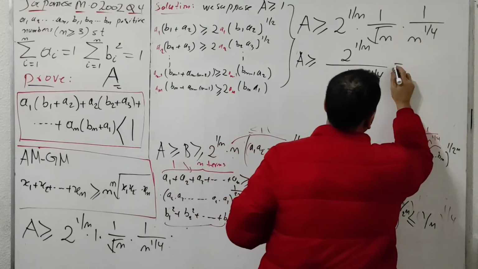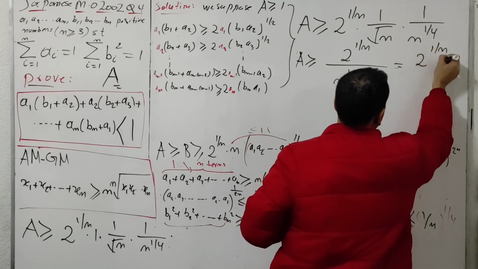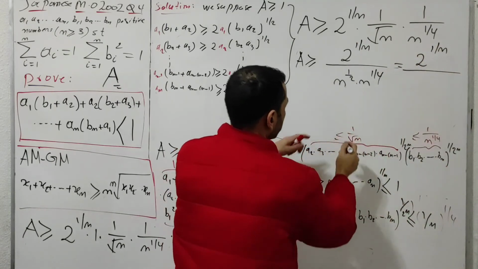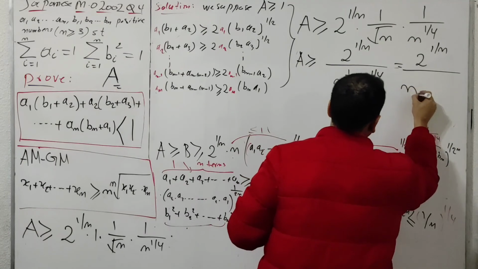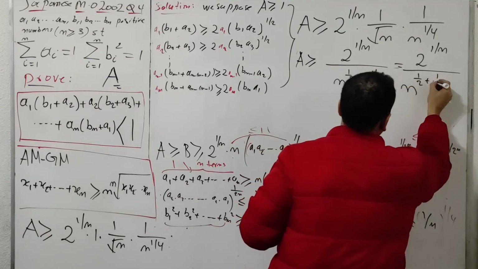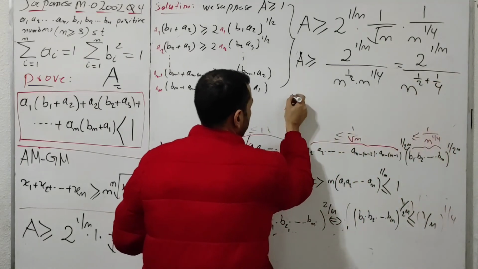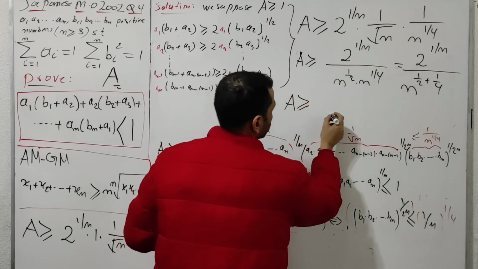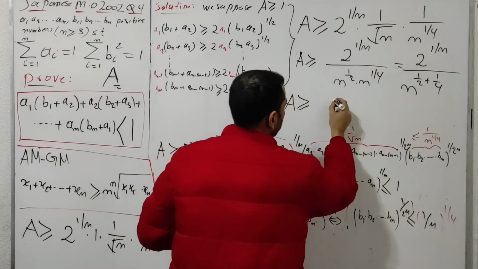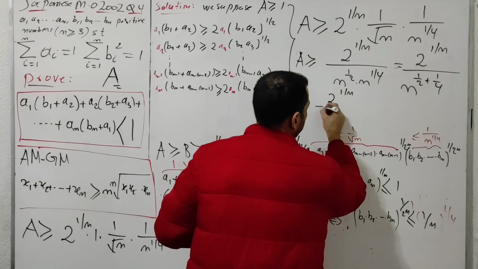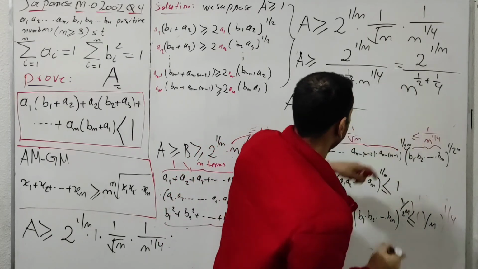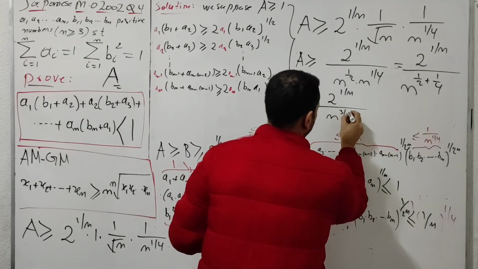I will get 2 to the 1 over n divided by, I'm going to simplify this fraction, n to the 1 over 2 plus 1 over 4. I will get capital A is superior or equal to 2 to the 1 over n, this one is given as n to the 3 over 4.